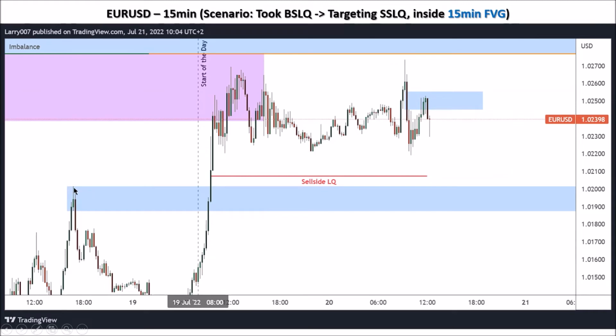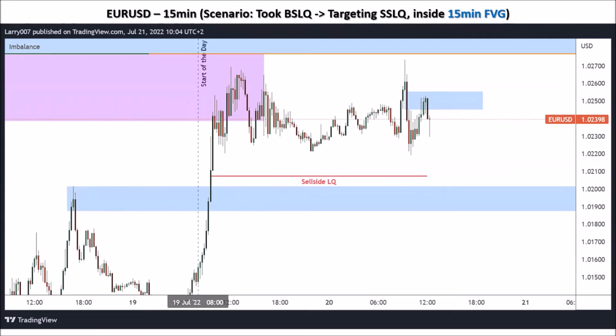I want to buy from a discount area, this one, because this high has been taken very impulsively, creating displacement and imbalance, and I would like to buy at the very least right there, on this line. So it could retrace more or whatever, but I'm not interested to buy anything above this.